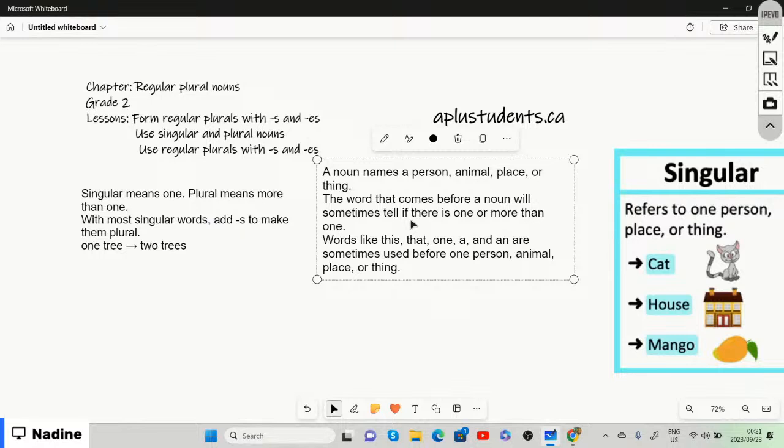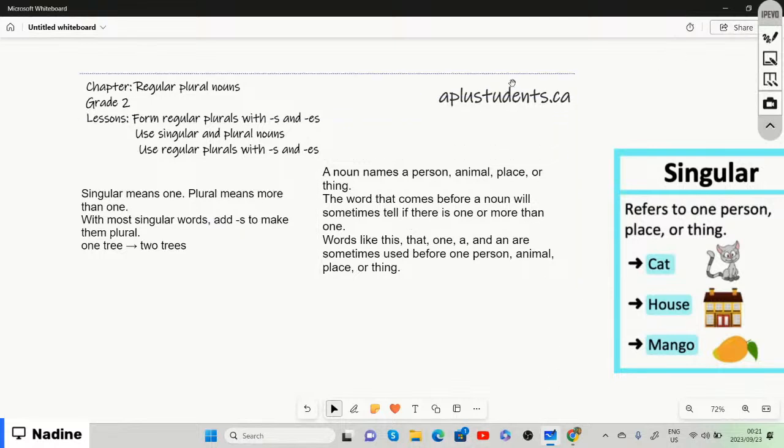So words like this doll, that dog, one apple, a dog or a tiger, an apple, right? These are words that are sometimes used before one person, animal, place, or thing. And it basically shows that it is just one of that kind. One person, one animal, one place, or one thing, right?